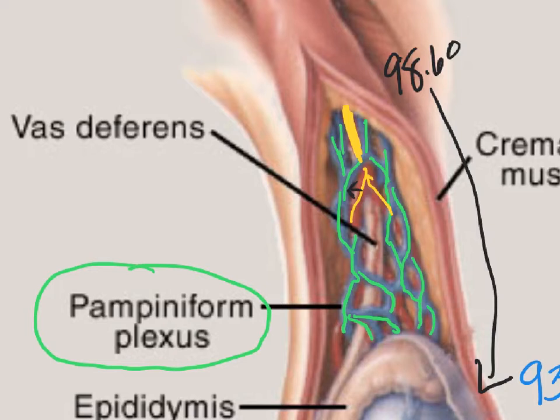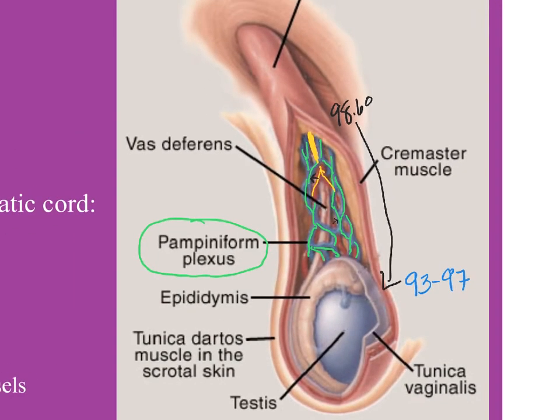And the same would be true over here. Here's another branch of that testicular artery carrying warm core blood. Some of that heat will be lost to the pampiniform plexus, or lost to the blood in that pampiniform plexus. And that blood then gets carried away from the testes, and therefore so does the excess heat.